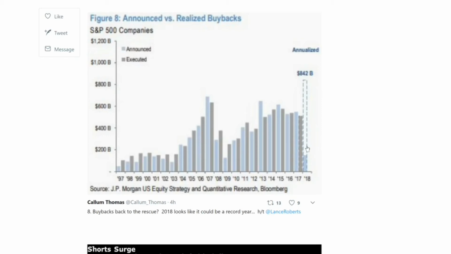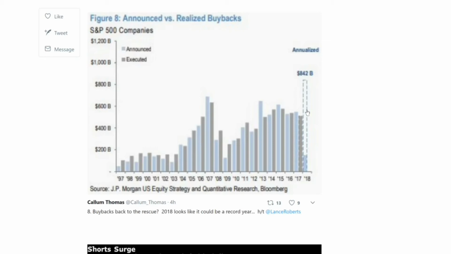But I guess it does line up with the whole repatriation of corporate funds theme, and lines up with what has actually been quite a big theme in recent years. Although I guess it would be quite interesting to see buybacks increase when quantitative easing is decreasing or going the opposite direction.